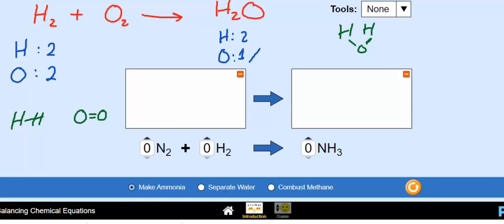We need to change the oxygen from 1 to 2. In that case, we'll balance the equation. Now, how can we change it to 2? Someone might suggest that the way to change it to 2 is to change the subscript here to 2.